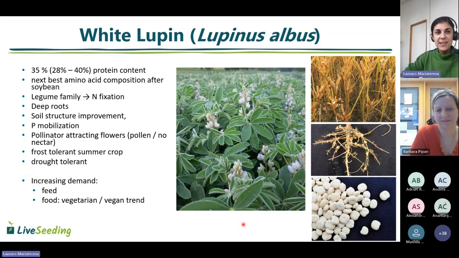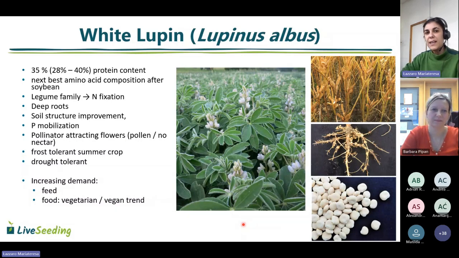It has a very high concentration of protein in the grain, on average 35%, but can be up to 40%. And it has the best amino acid composition, also in terms of the important ones for human nutrition, just after soybean in the plant-based type of protein, of course.